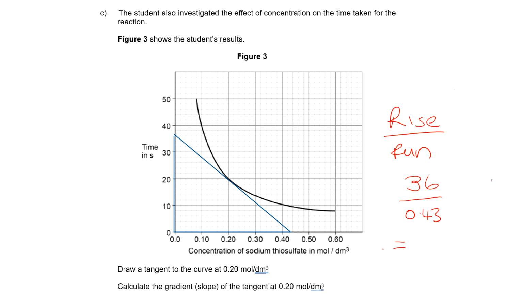So we put that into our calculator, work that out, and make sure when you are writing the answer that you always include the units. And that comes to 83.72, and that would be moles per dm cubed.